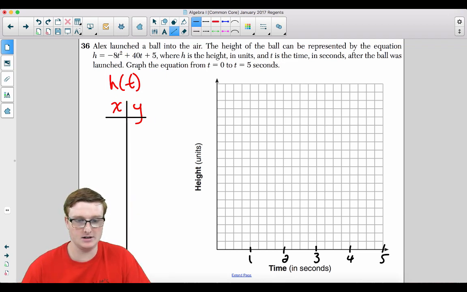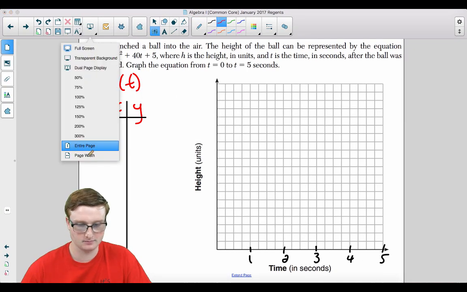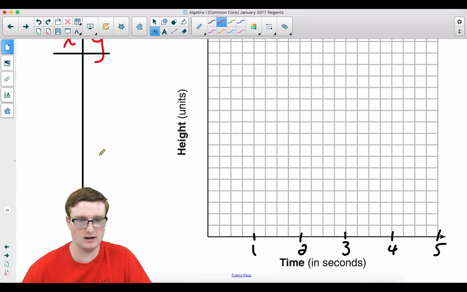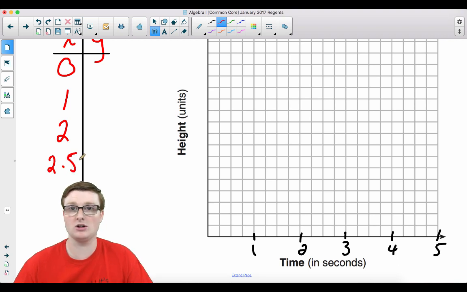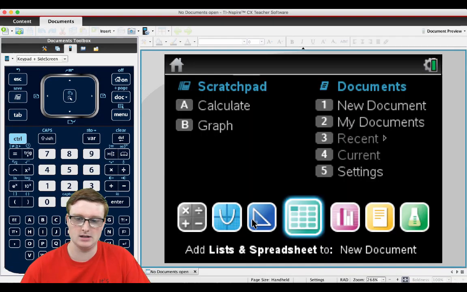I'm going to move my head here in a moment if it's in the way. We are going from 0 to 5. So 0, 1, 2. I'm going to plug in 2.5. You'll see why in a moment here. 3, 4, and 5.